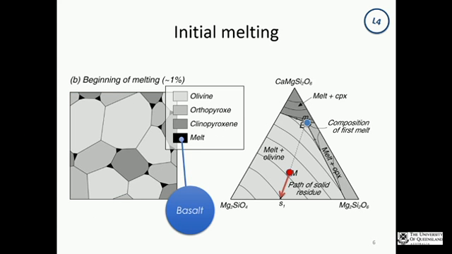Yes, the eutectic. It's going to be the first point where we're actually able to melt something, okay? And because that eutectic point is quite close to CPX, which is at the top of the diagram, that's why basaltic melts have a composition which is different from the original one, which normally is going to be a lherzolite.